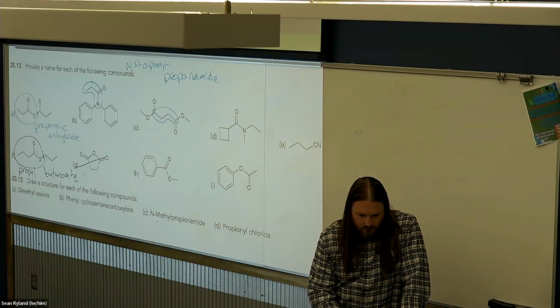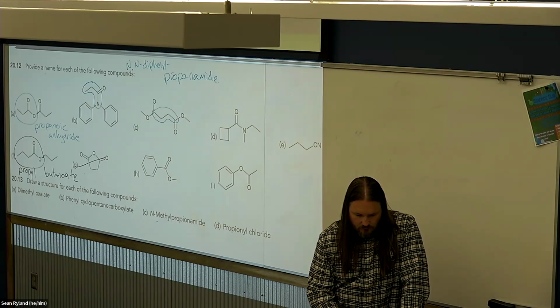On the final compound, we see that it ends with that, but it starts with what?